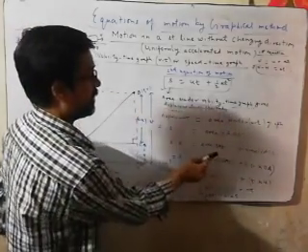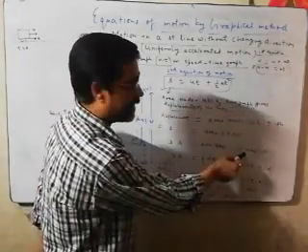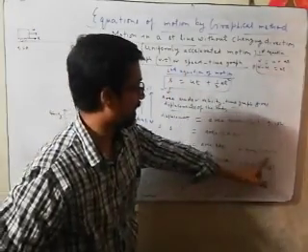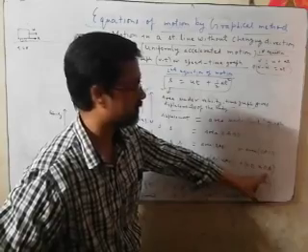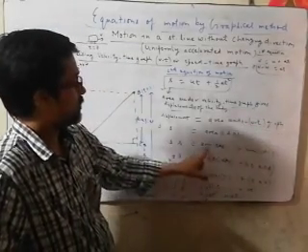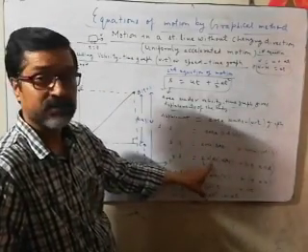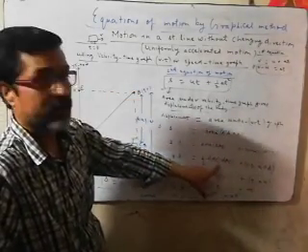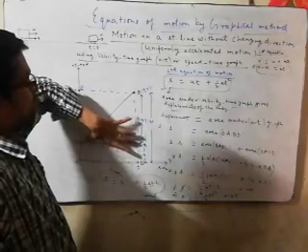So area of the triangle plus area of the rectangle. Rectangle area is length into breadth, and triangle area is half into perpendicular BC into base AC.